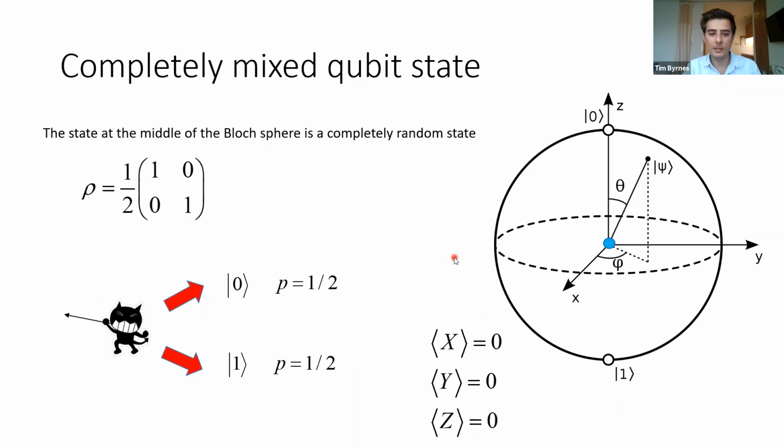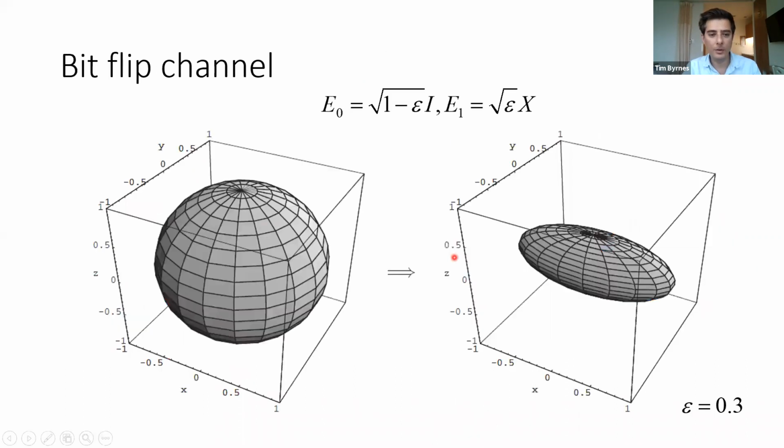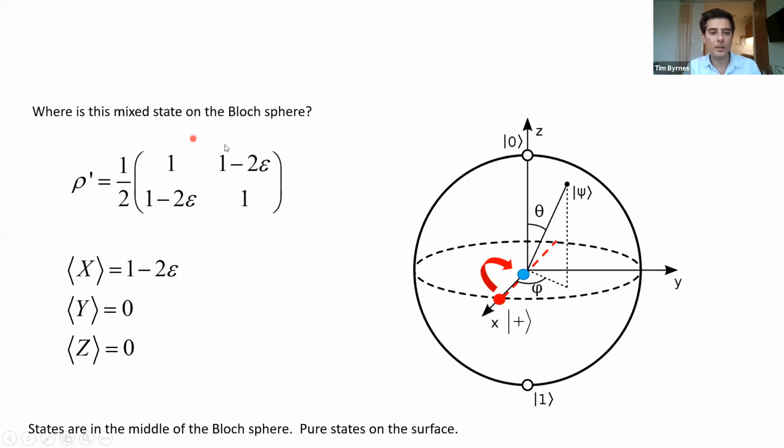Well, I guess it's obvious, we already calculated this one. So what we're talking about now is the special case of epsilon equal to a half. If epsilon is a half, then this term is 0, this term is 0, and this term is 0. So the expectation values of x, y, z are all 0.